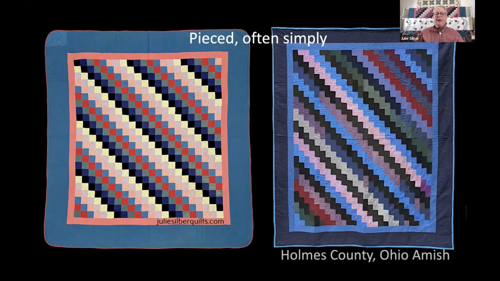I guess I should set the stage here and mention that I'm talking about the classic period of Amish quilts, which is from the last part of the 19th century up to about 1960 or 70 or so, when the Amish started making quilts to satisfy tourists and buyers who were not Amish.